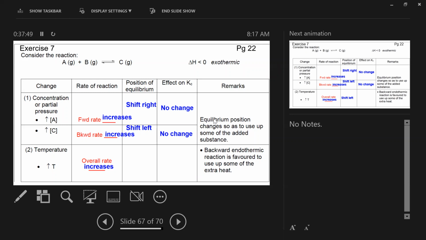When I say overall rates, what do I mean by this? Why is it that for the first two, I talk about forward rates and backward rates, but here I talk about overall rates? Is there a difference between forward, backward rates versus overall rates? Jamie, what do you think?